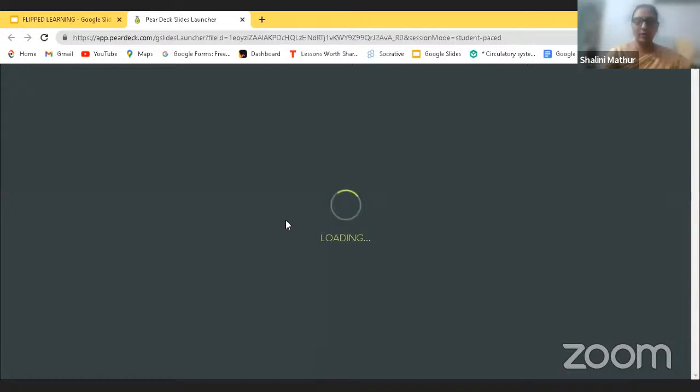So once my slide is visible, you will see a code there. Try to enter the class with the code and you will be able to understand why I have given this code and how this is helping us in the coming session and how this is going to enhance our flipped classroom and flipped learning.